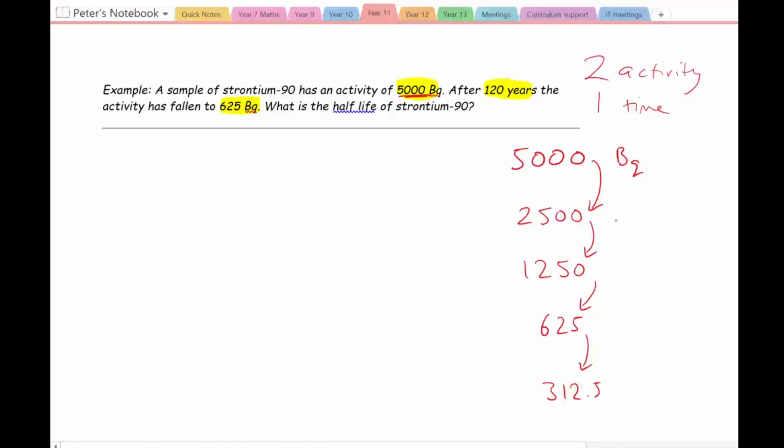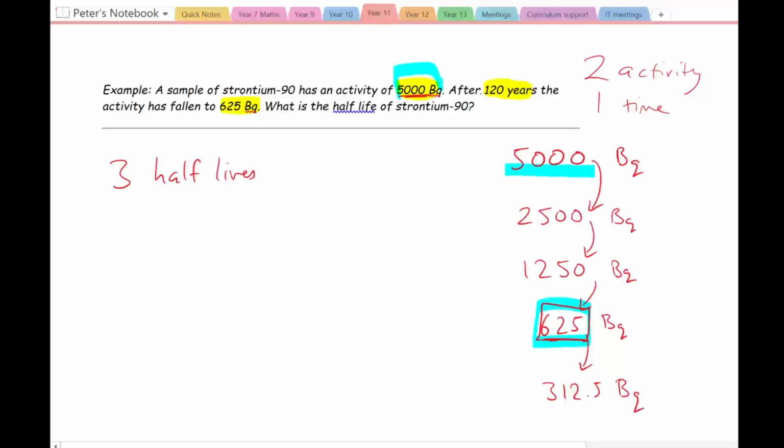So the value of the activity changes by a half every single half-life. Now the question says it starts at 5,000, which we've got here, and ends at 625. So we can see that it's 1 half-life, 2 half-lives, 3 half-lives takes us to 625. So 3 half-lives is how long it took.